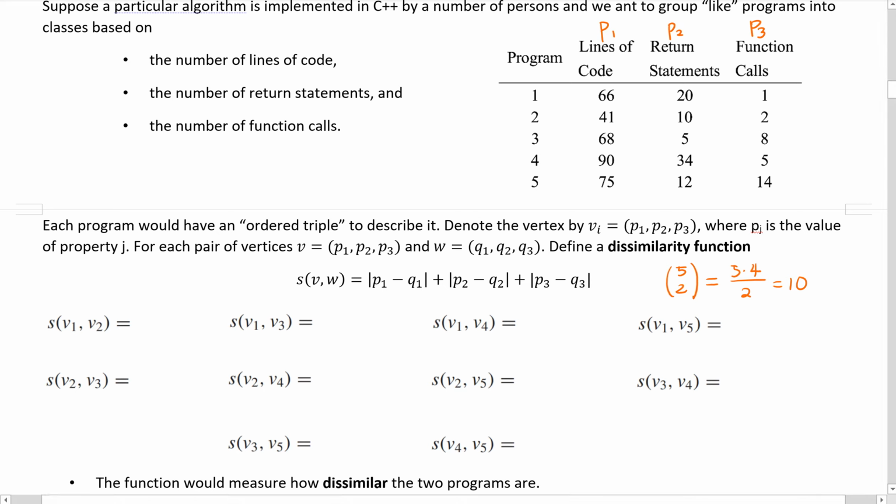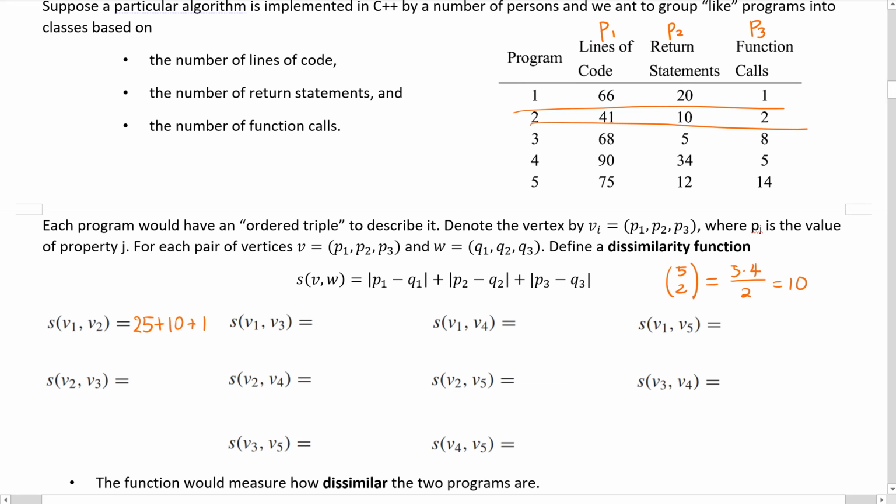Let's calculate V1 and V2. We have the difference between 66 and 41, so 66 minus 41 is 25. Next, 20 and 10, the difference is 10. Then 1 and 2, the difference is 1.